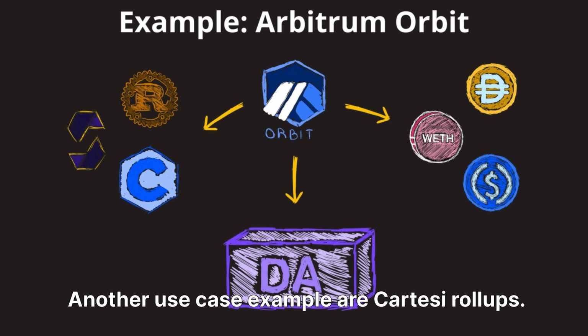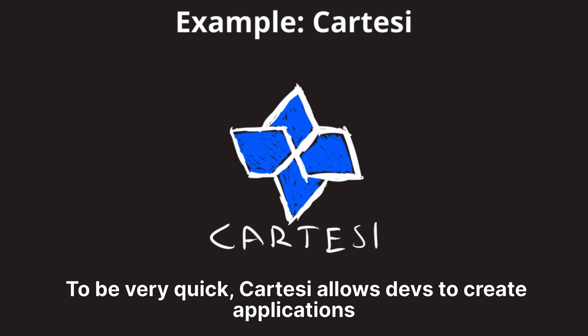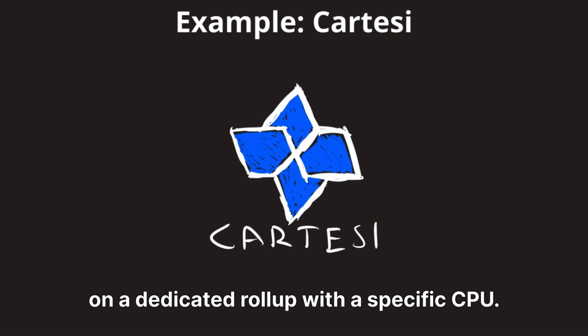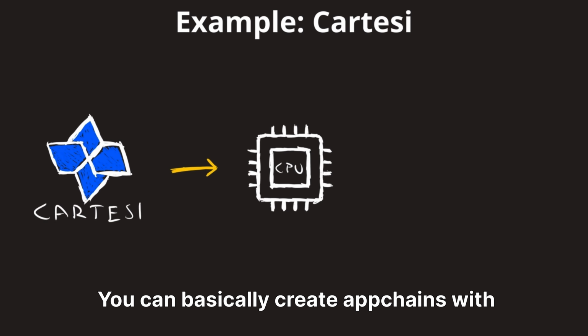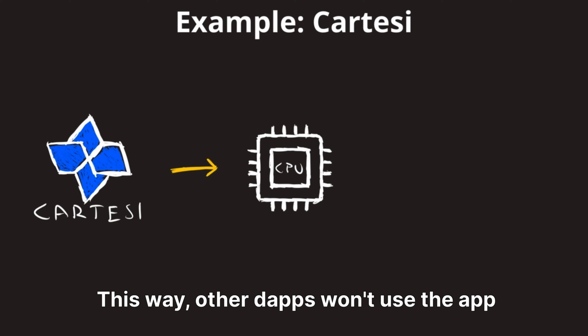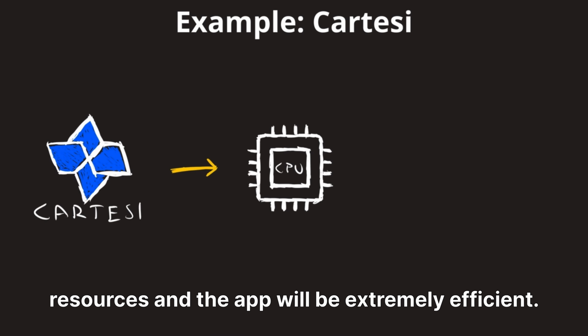Another use case example is Cartesi Rollups. To be very quick, Cartesi allows devs to create applications on a dedicated rollup with a specific CPU. You can basically create app chains with dedicated resources. This way, other dApps won't use the app's resources, and the app will be extremely efficient.